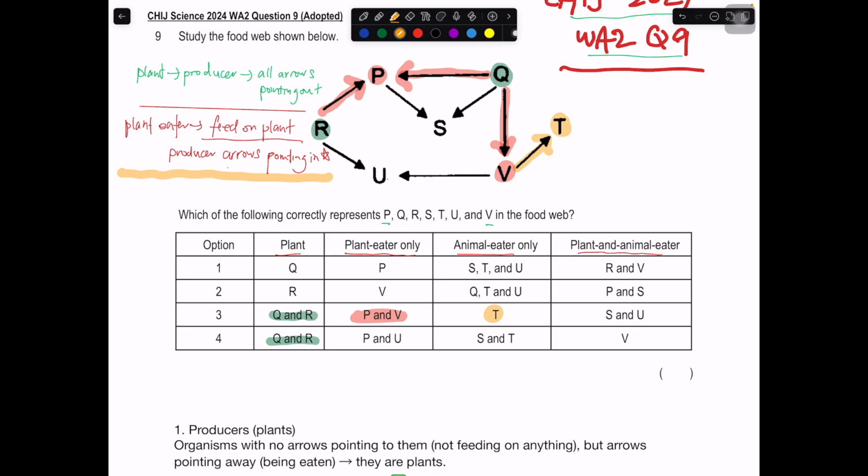Then the other two will be your plant and animal eater. How come? Because S feeds on the producer, it also feeds on the plant eater. U feeds on the producer, it also feeds on the plant eater. That's why your plant and animal eater is your S and U. So in this case, the answer is number 3.